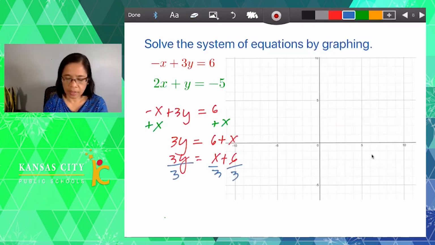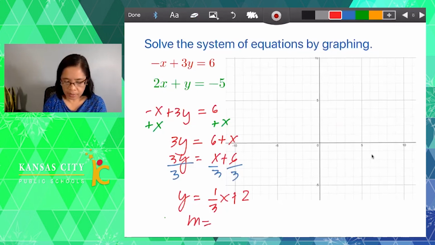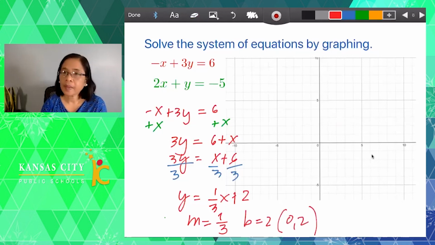So this gives us y equals 1/3 x plus 6 over 3, which is 2. Our m is 1/3 and our b is 2, or the point (0, 2). That is for the first line. If we graph this, we have the point (0, 2).